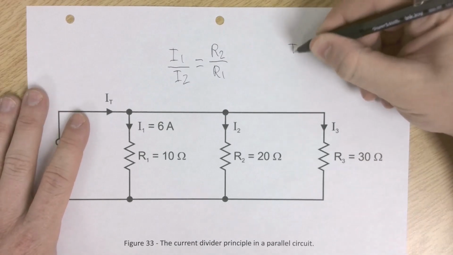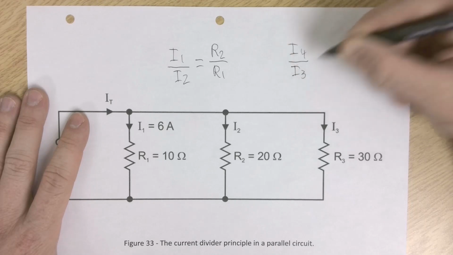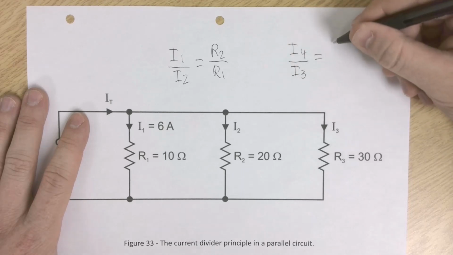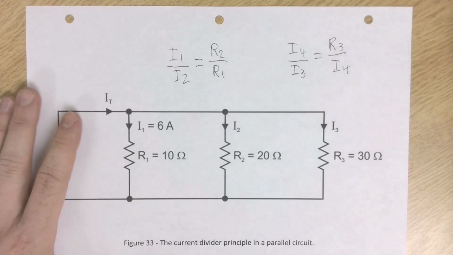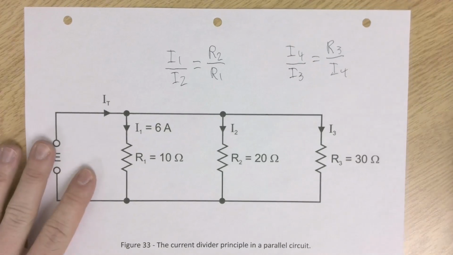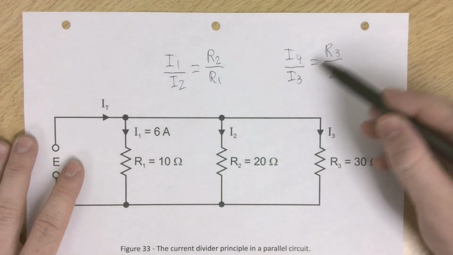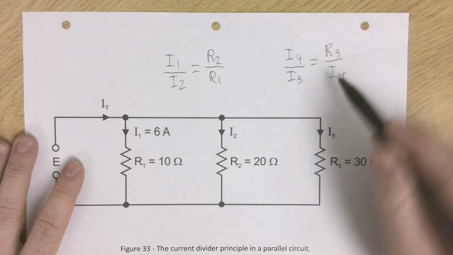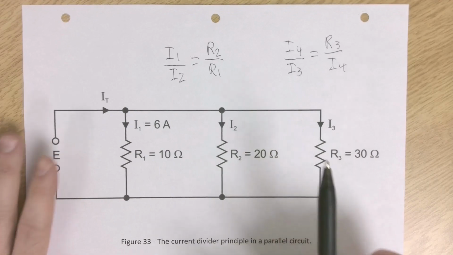If they gave me a fourth resistor, I would know, sure. I4 over I3 is going to be equal to R3 over R4. So that's our current divider rule. It's a bit of a proof of concept of that inverse relationship in Ohm's law. And if you have any questions, as always, let me know.